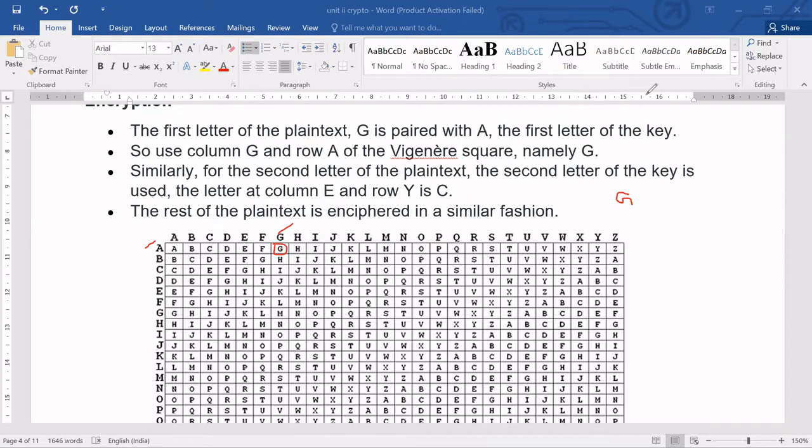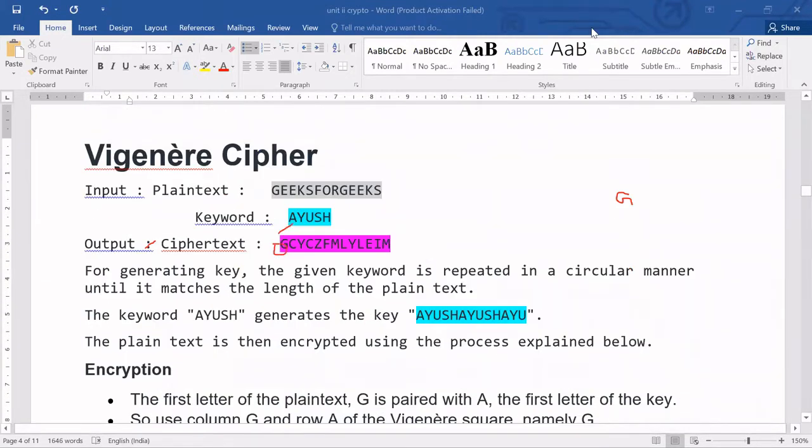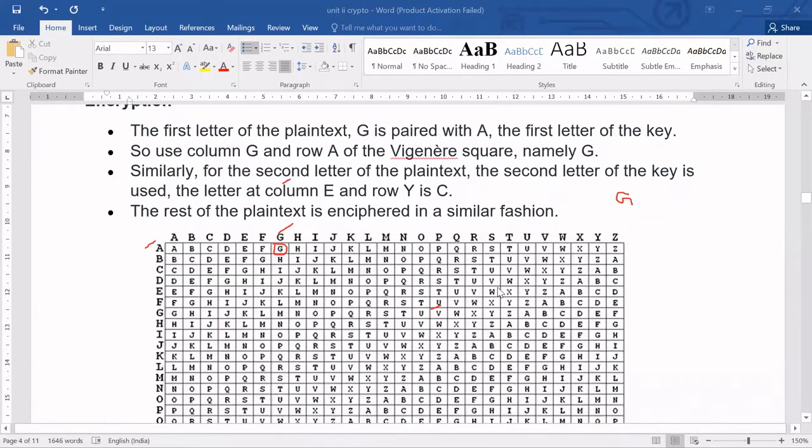So this will be the first letter of the ciphertext for the plain text G. Next, what is the next character here? It is E and Y. We have to see what the matching value is.